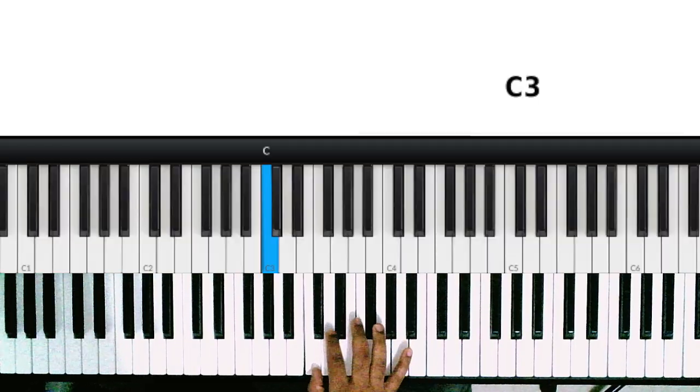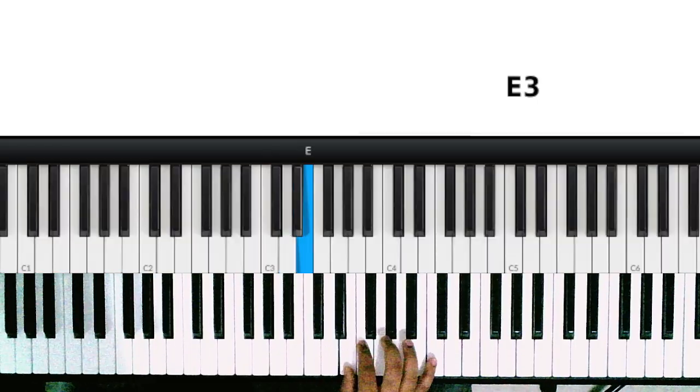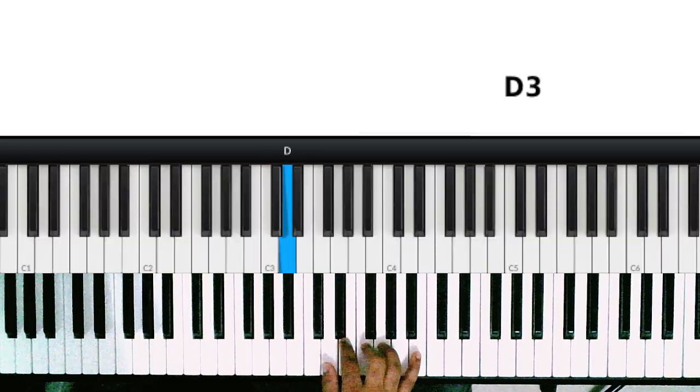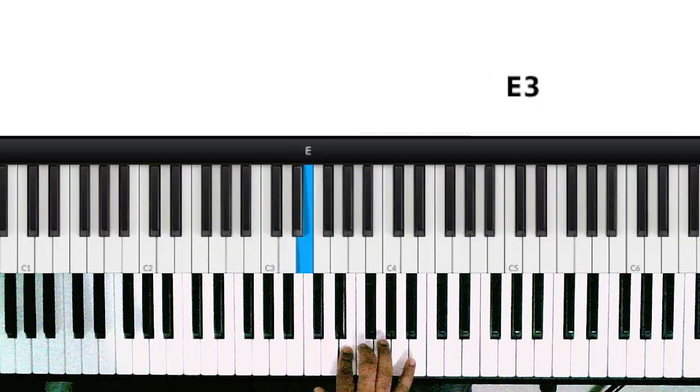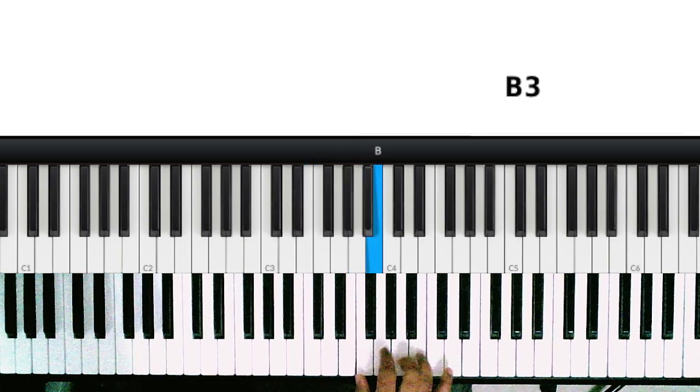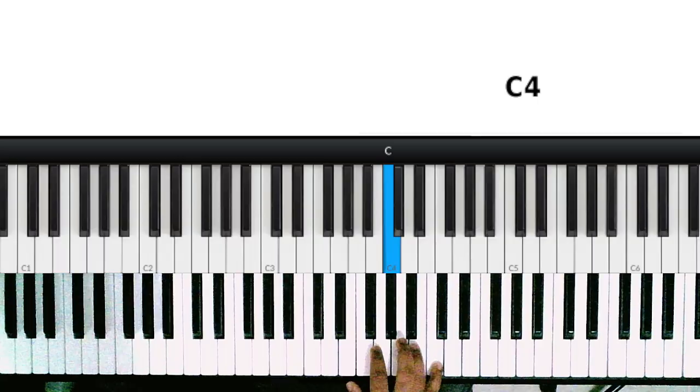Between Mi and Fa, 3 and 4, is semitone on all keys. Ti, Do, which is 7, 8, or 1, is also semitone.